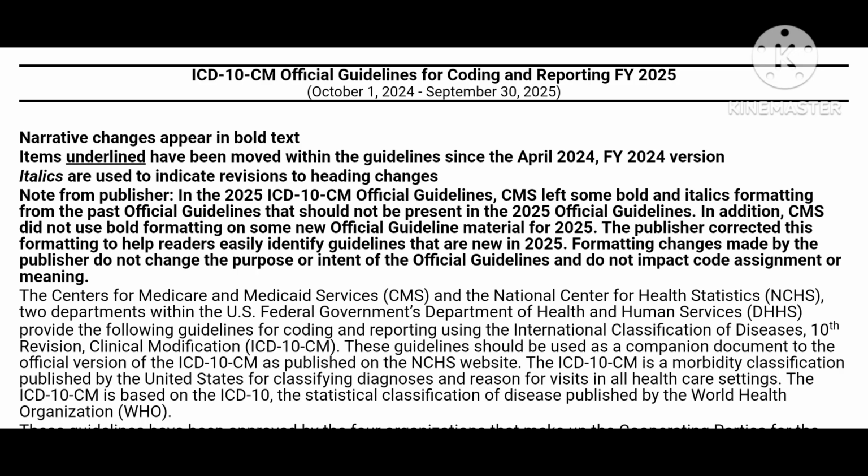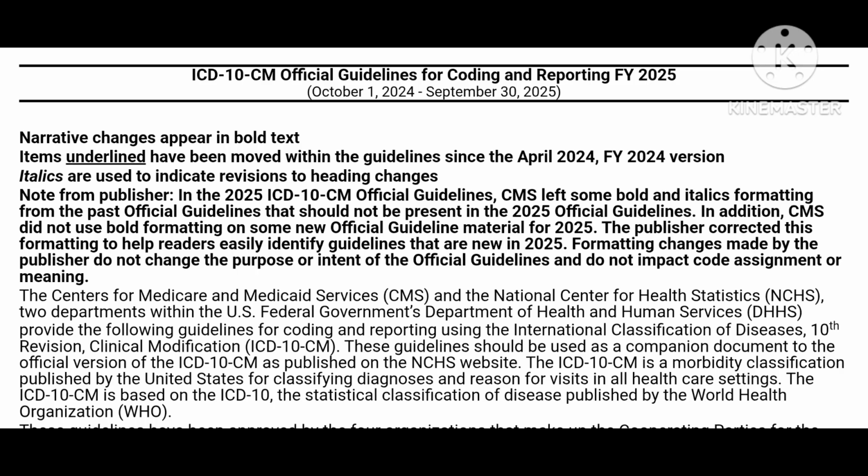If the code has more characters, that means 4, 5, 6 or 7 characters, we call them subcategory codes. And whenever you see a subcategory code, there will be a dot after the 3rd character. So that is how we identify the ICD codes.